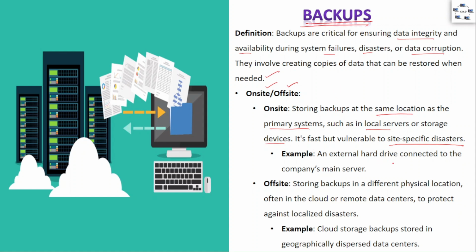For example, an external hard drive connected to the company's main server. Offsite backup is storing backups in a different physical location, often in the cloud or remote data centers to protect against localized disaster. Examples include cloud storage backups stored in geographically dispersed data centers.